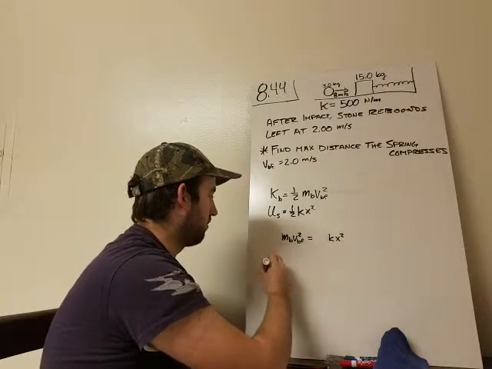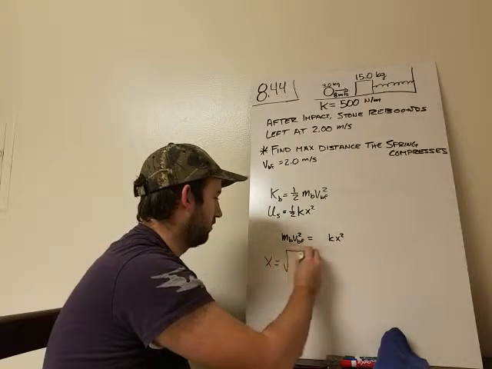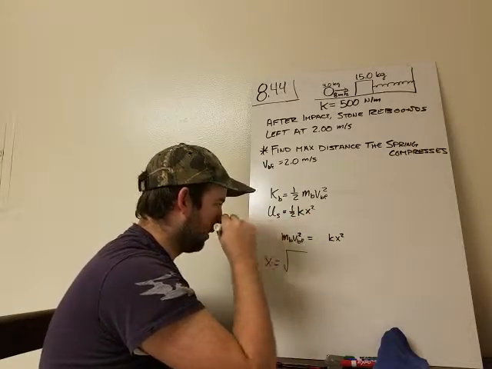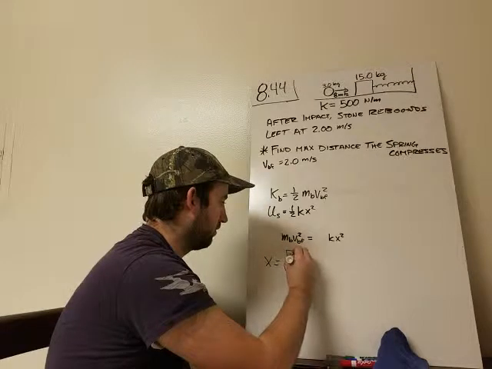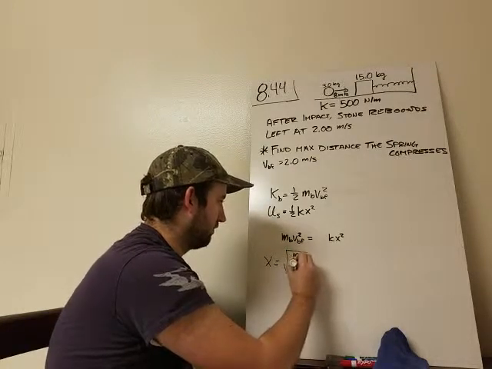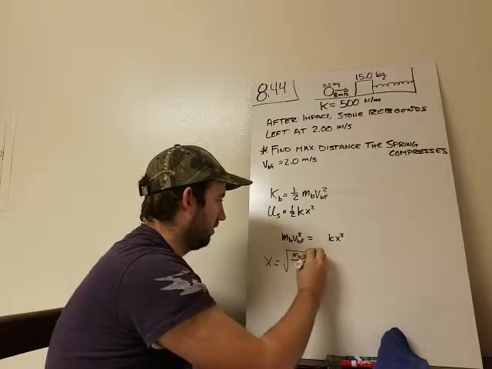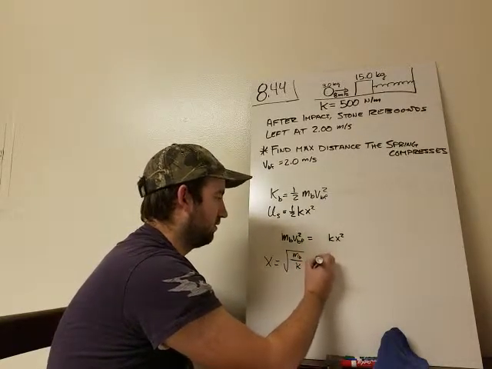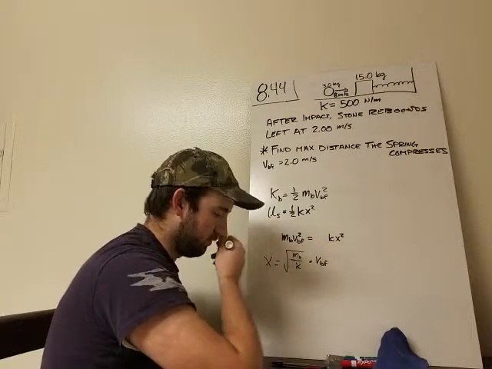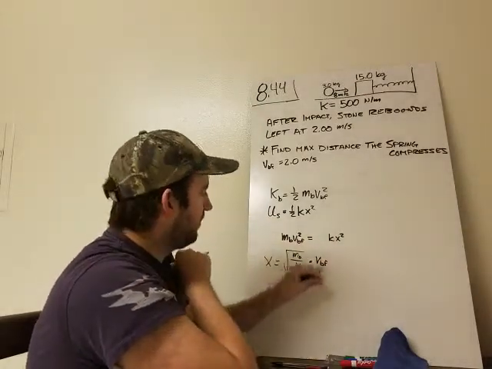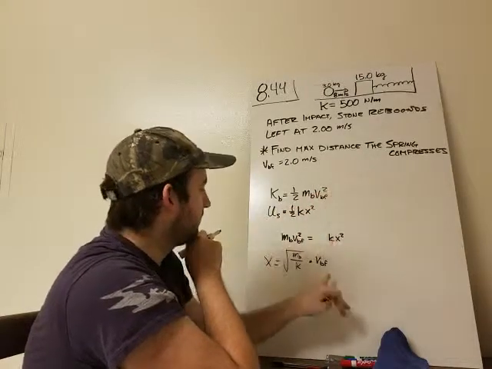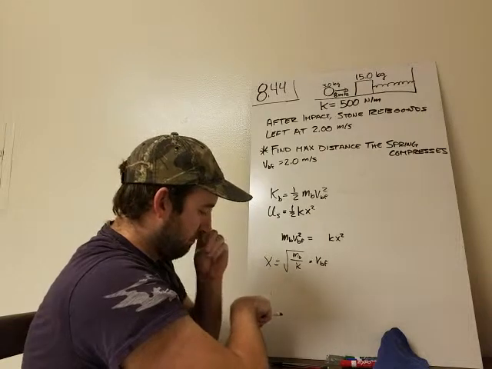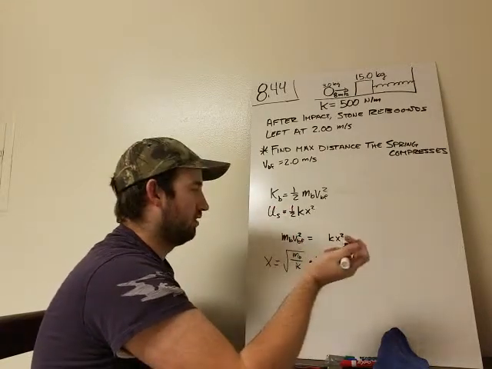But we'll end up with x equals the square root of m_B over k, all in the square root, times the final velocity. And that's why we need to define that with the momentum, because we need that value to find x. Now we'll just plug everything in. We already know everything else.